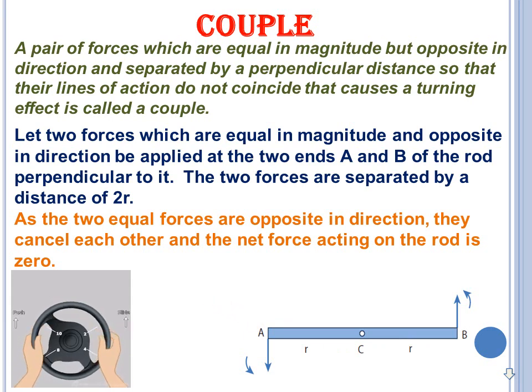As the two equal forces are opposite in direction, they cancel each other and the net force acting on the rod is 0. Now the rod is in translational equilibrium, but the rod is not in rotational equilibrium. Actually, if we apply a force downward here and upward there, then the rod is in rotational motion.